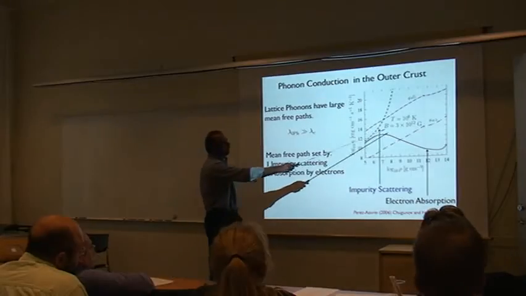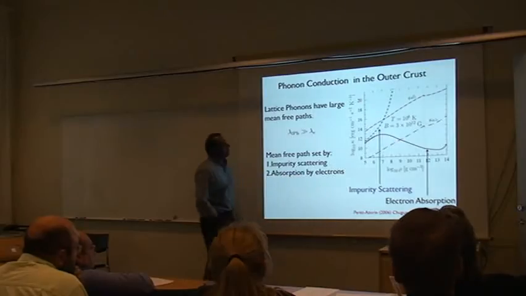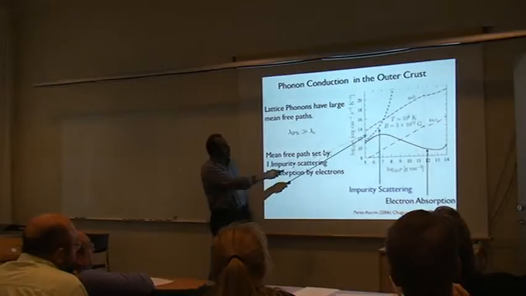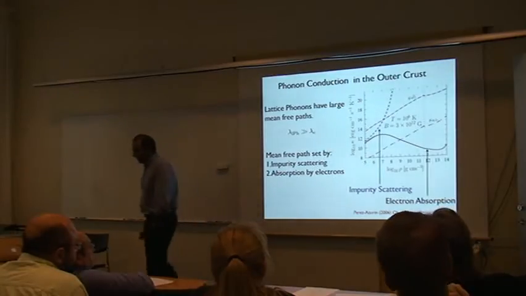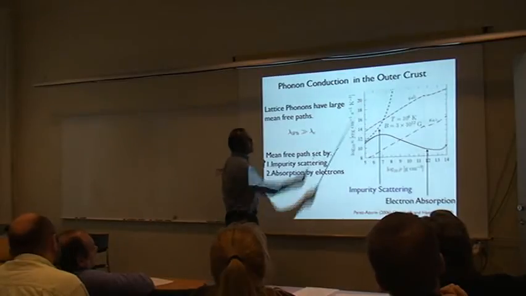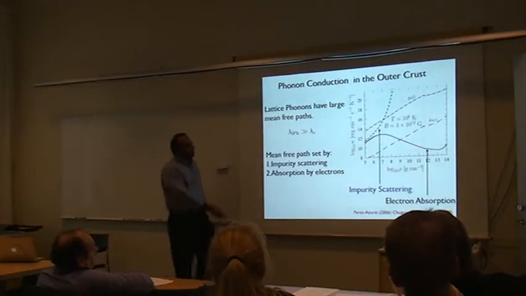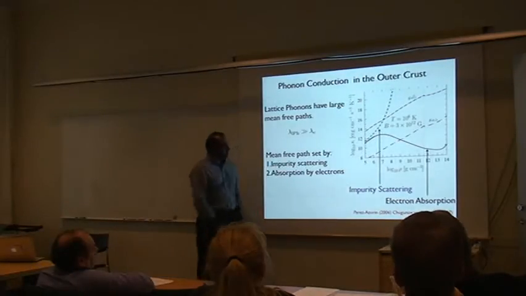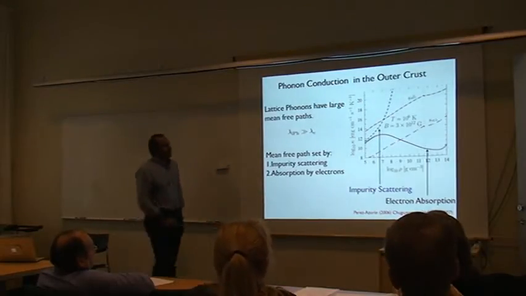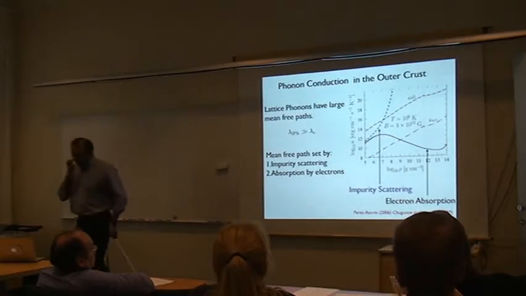Even for a modest field of 10 to the 12 Gauss, the conduction transverse to the field is suppressed. And the phonon conduction is shown in these two curves. If the only source of scattering for the lattice phonons was impurities, then in fact it could even exceed that of electron conduction, even parallel to the field. But what these authors found was that the dominant mode of scattering was scattering off electrons. And in this case, there's still some region in the outer crust where these phonons carry heat.